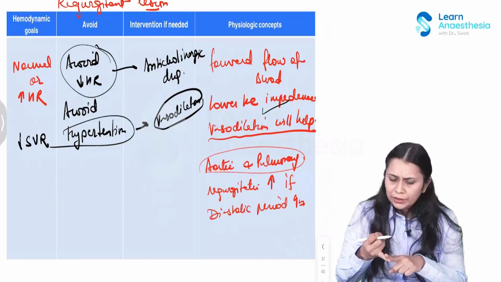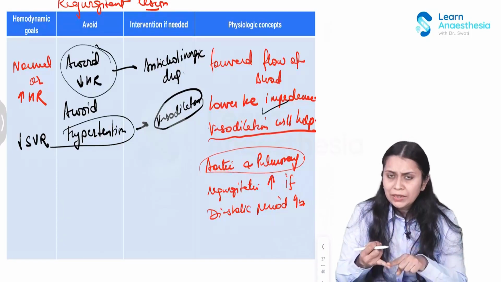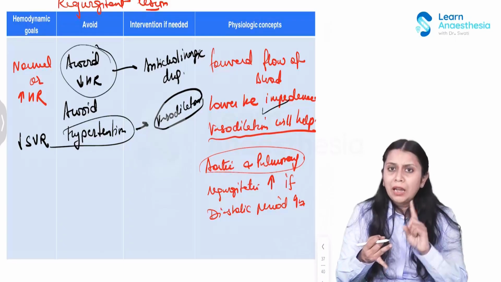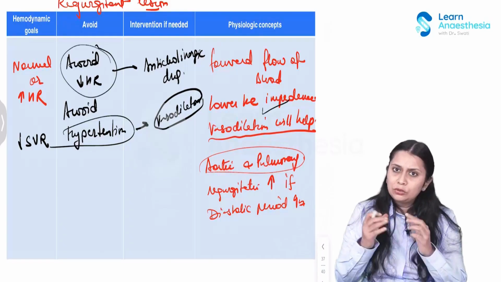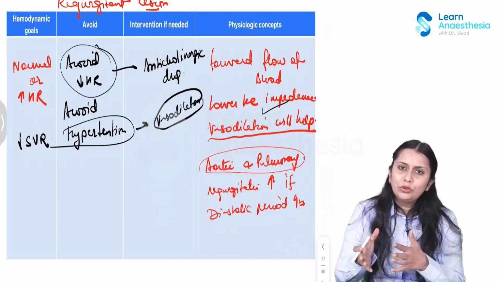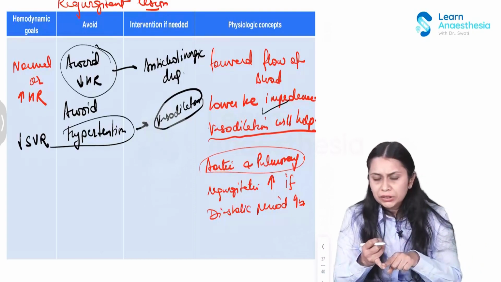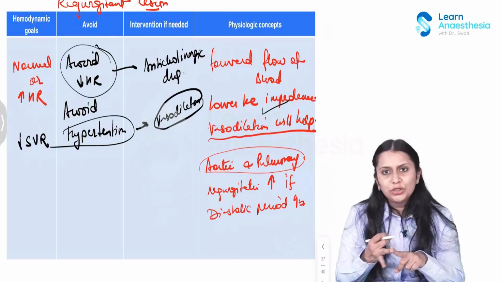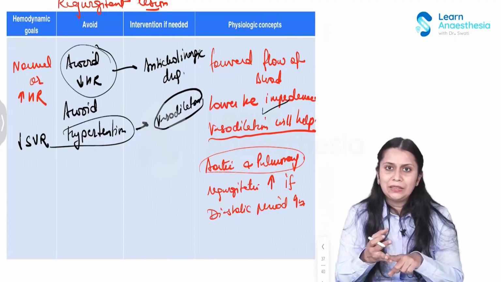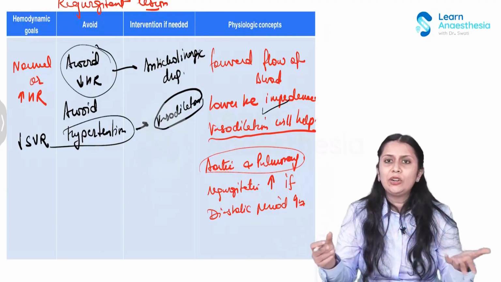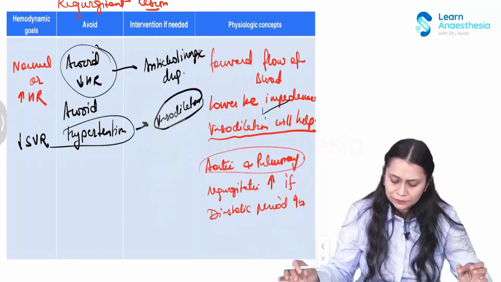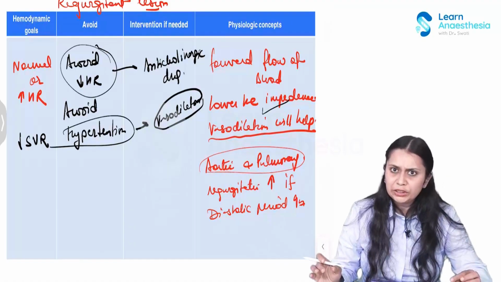So what is the target? We need to prevent bradycardia, we need to prevent hypertension. So any intervention we have to do immediately if heart rate is decreasing or if blood pressure is increasing. So vasodilator and anticholinergic drug should be in our hand. So this is how we manage the regurgitant lesions.